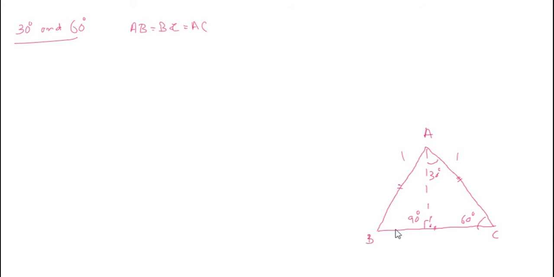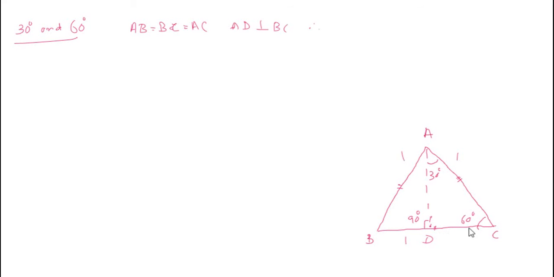Now AD is the perpendicular to BC. Therefore, in an equilateral triangle, if you draw a perpendicular, it bisects the opposite side and also the angle A from where you are going to draw the perpendicular.